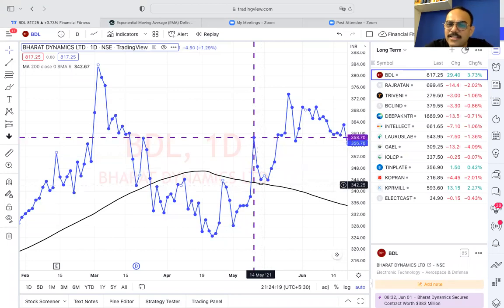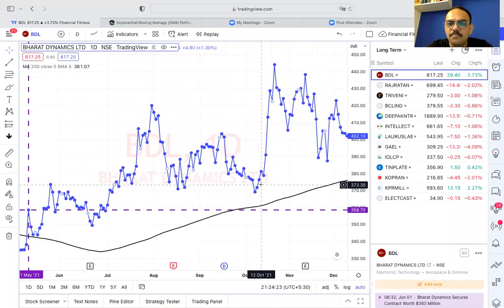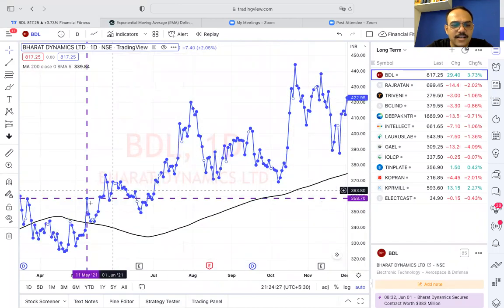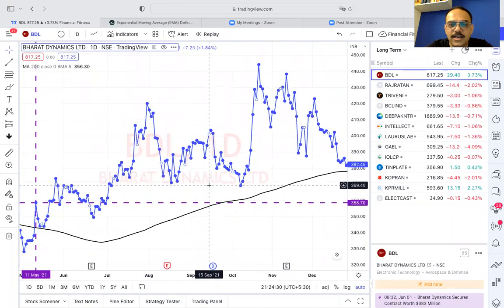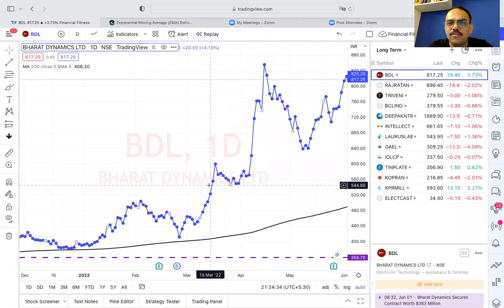And when will they sell? They will sell when it closes below the 200-day moving average. After the purchase, the price is still above the 200-day moving average, so they are still holding.